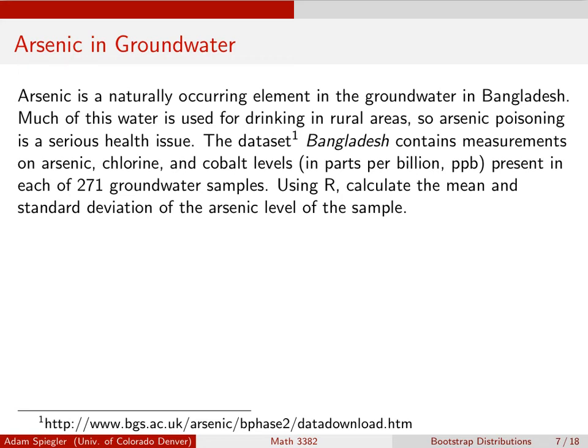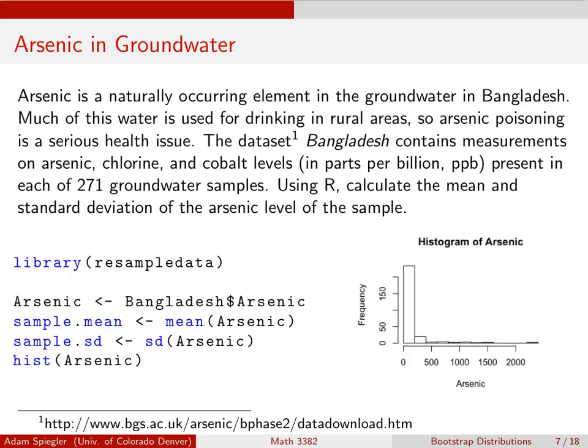What would our starting point be to estimate the population parameter, the mean arsenic of all groundwater? A good starting point would be to take a look at what is in the sample. If you haven't done so, you could load the library resample data.